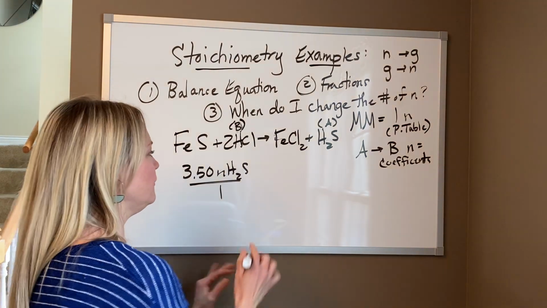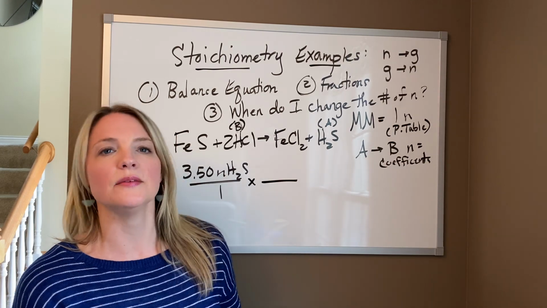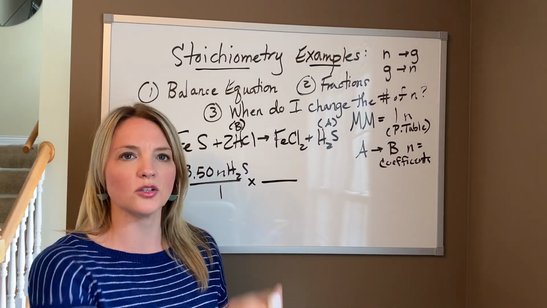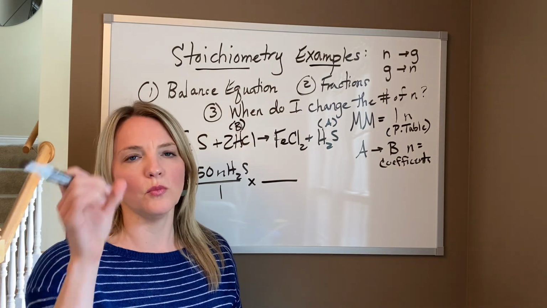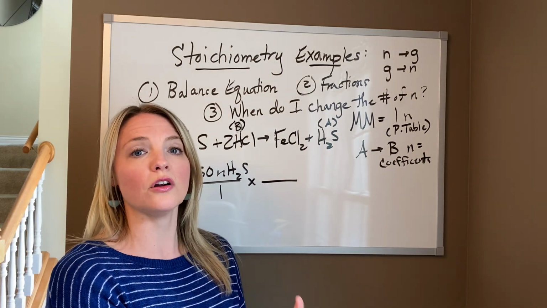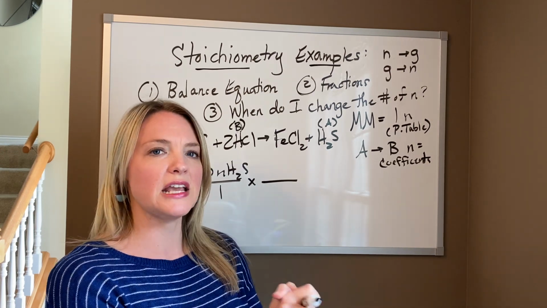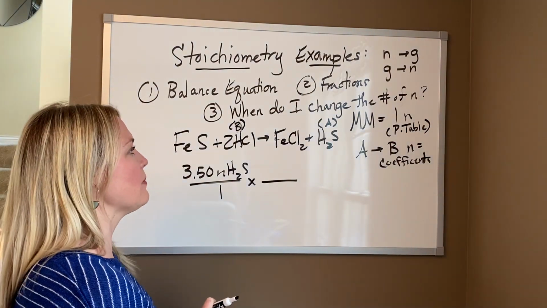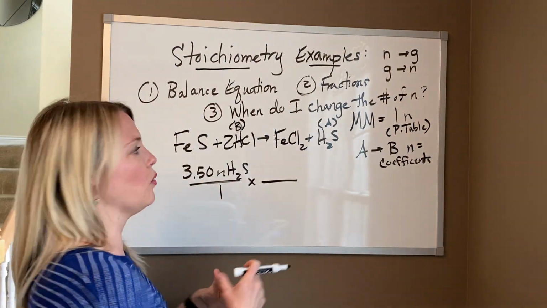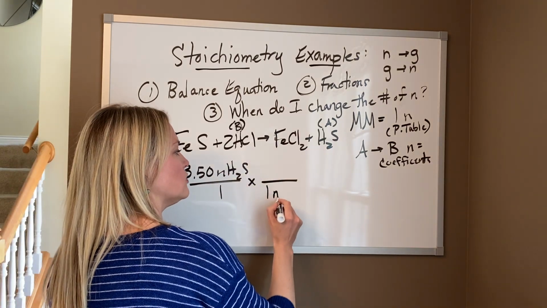If you looked at that roadmap, the key part is that to make the jump from A to B, you have to be in moles. The roadmap is split down the middle: moles of A on one side, moles of B on the other. As soon as you are in moles, you are ready to put your coefficients in and make the jump from A to B. I'm in moles, so I make my jump from A to B using the coefficients. H2S is on top, so I want H2S on the bottom.